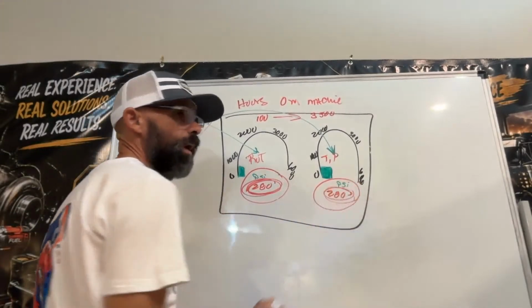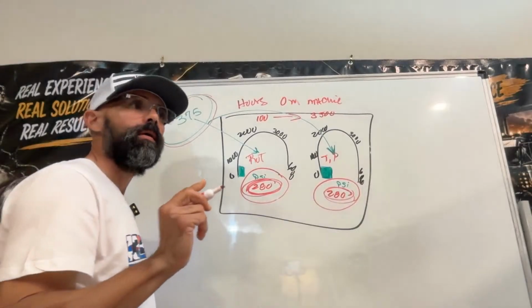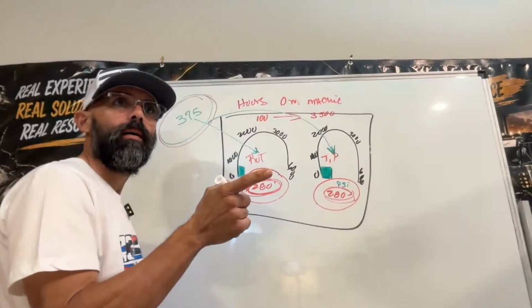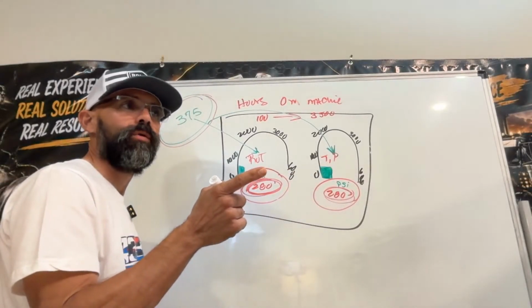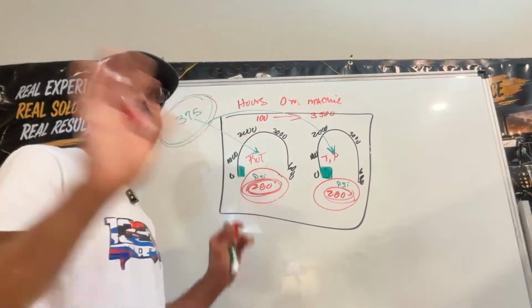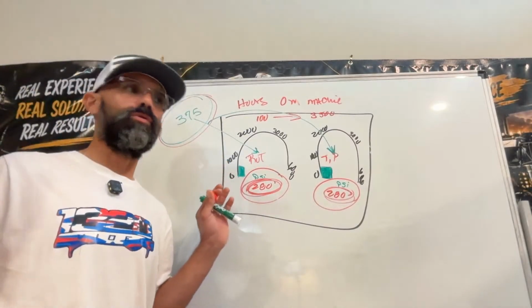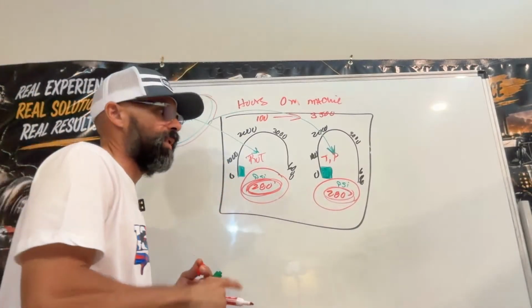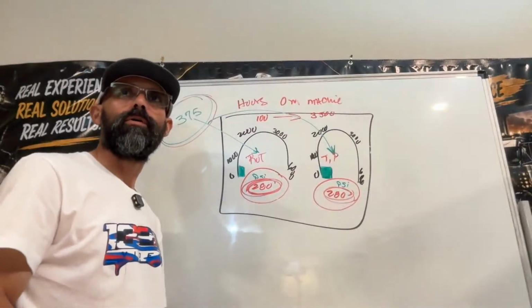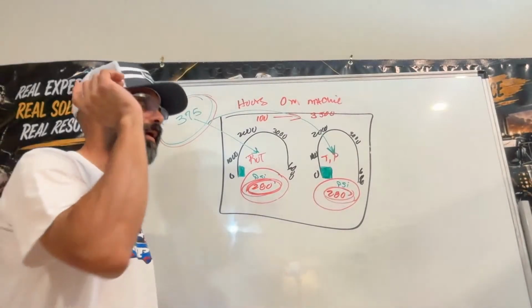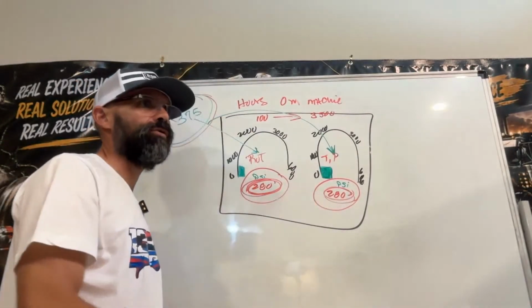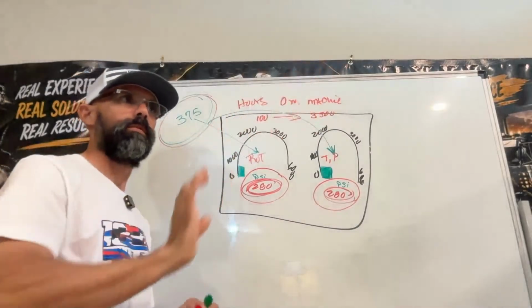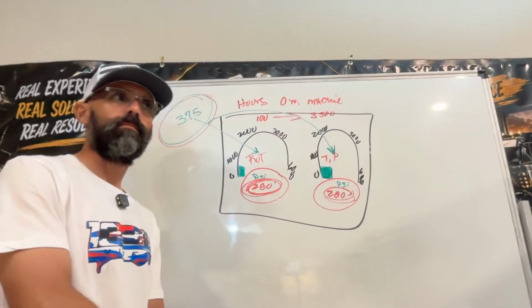Okay, now what happens when you put the engine on high idle? No functions, you're not touching anything. All you did was increase the RPMs on the engine. You didn't enable it hydraulically, nothing. You're just seeing that, right?